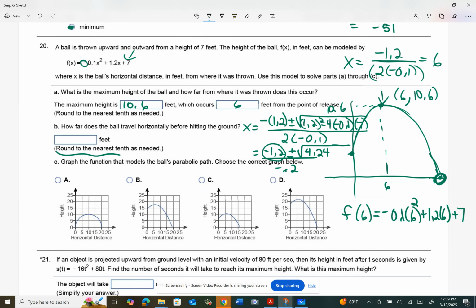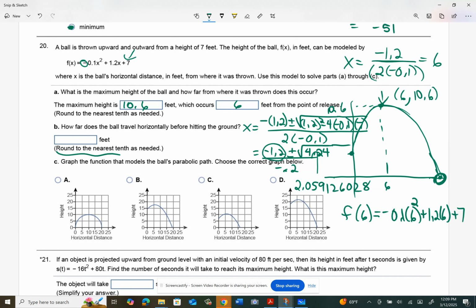So that part right there was 2.059126028. It says round to the nearest tenth as needed. You really shouldn't round until you get to the end, so I'm going to keep that in there. And then I'm going to add the negative 1.2 to it.